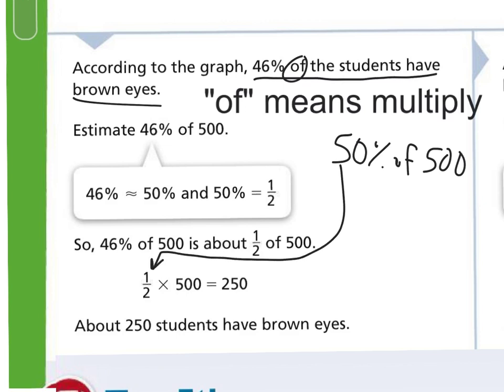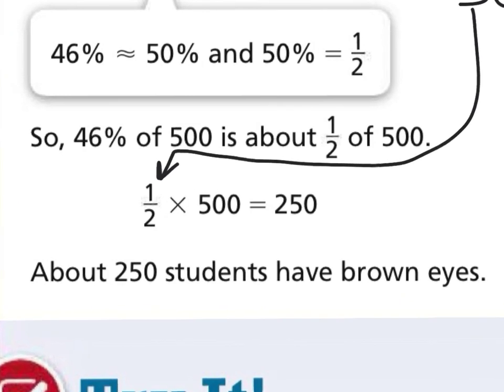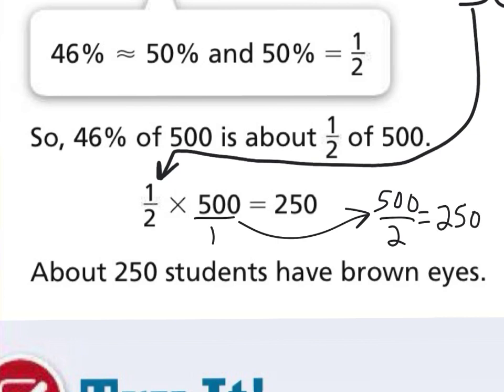If the whole thing is 100%, 50% is half of that. So if you take half of 500, and if you wanted to, you could multiply this out if you weren't sure how this was going to work. You get 500 divided by 2, which would be 250. If you just know half of 500 is 250, then you can go straight to that answer, which is okay also.